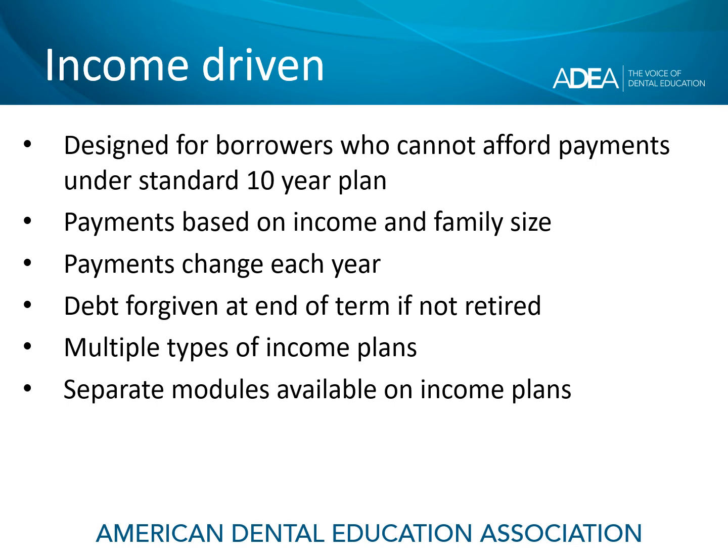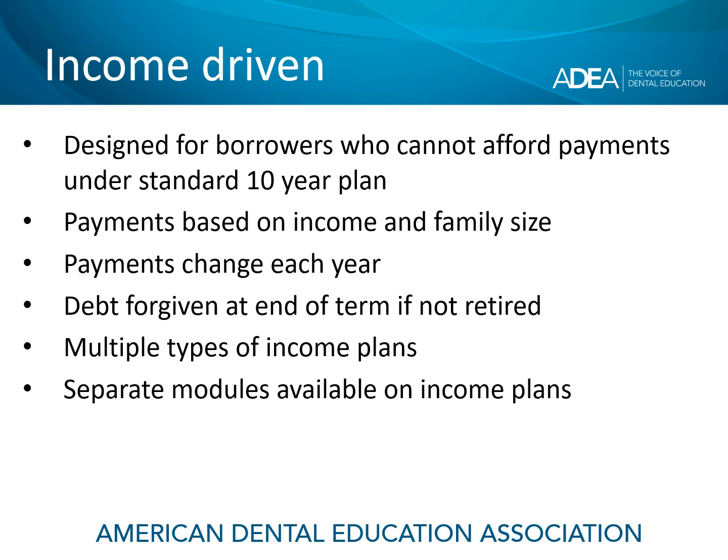Your loan servicer will come to you each year and ask you to recertify or renew your payment amount based on new income and family size information. So unlike the time-driven plans, these payments are changing every year.